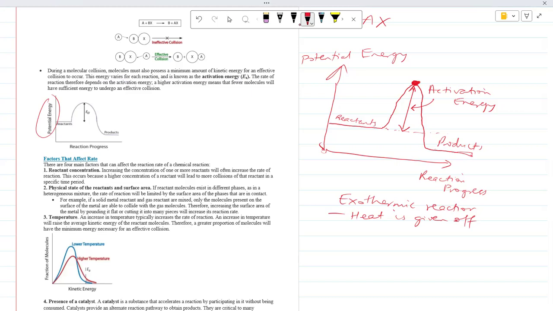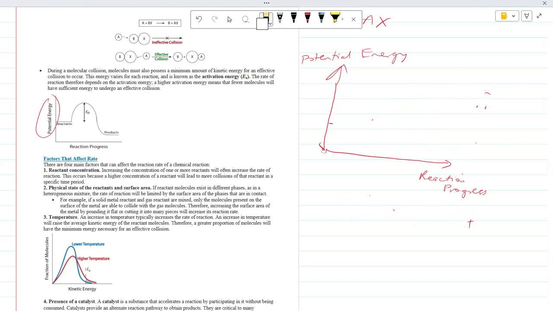Okay. Now we can also have a diagram for another reaction where energy is this time gained. So let's look at that. It's a gain of energy. So again, let's begin with the reactants at an energy level at this point here.